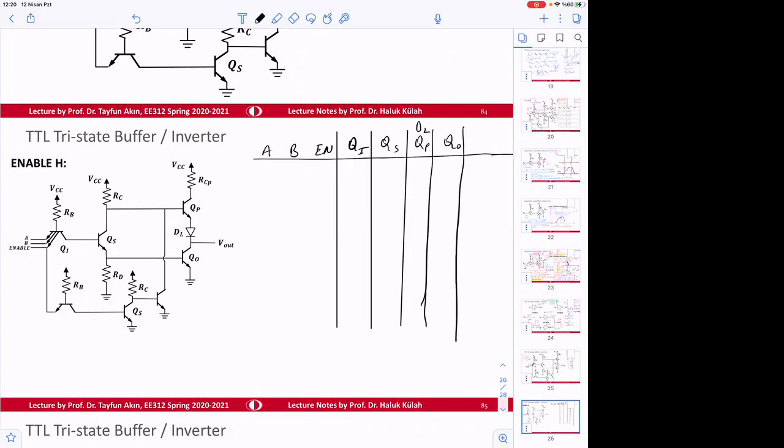Maybe I can say this one is Q4, this is Q5, and this is Q6.